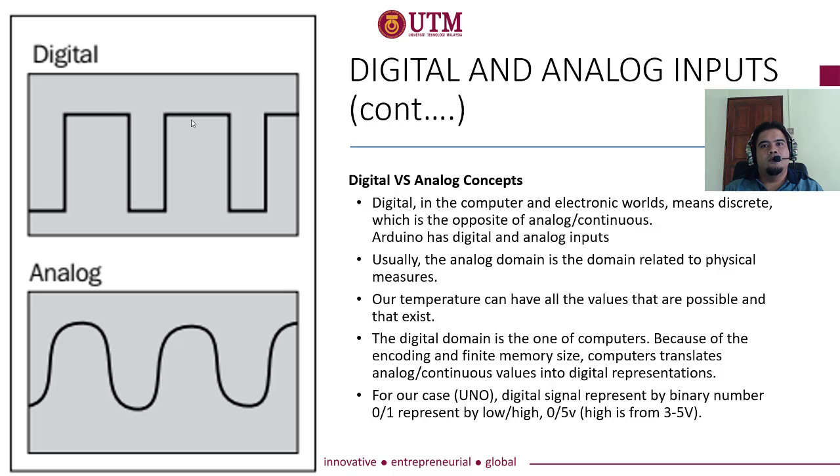Meaning that if you have some signal from the environment, which in general is an analog signal, then when it goes into your computer it needs to be converted into a digital signal, because the computer or your Arduino board only understands machine language, which is in the form of digital signal.